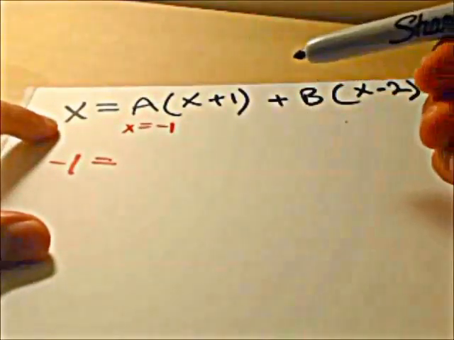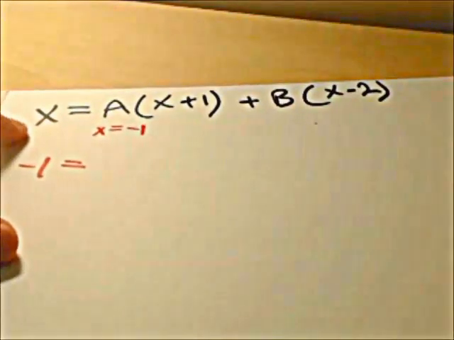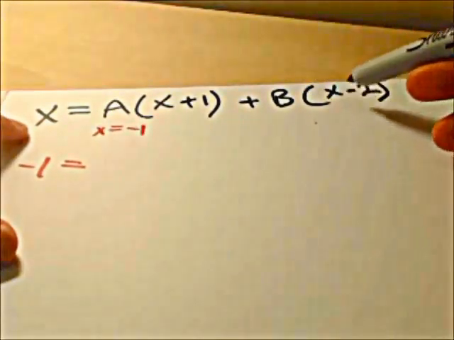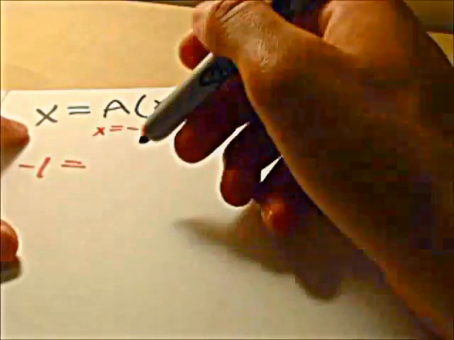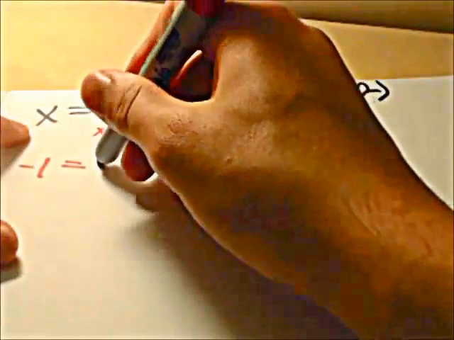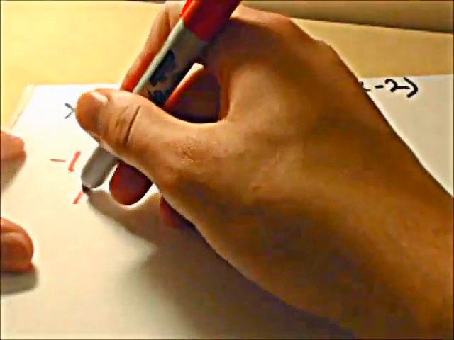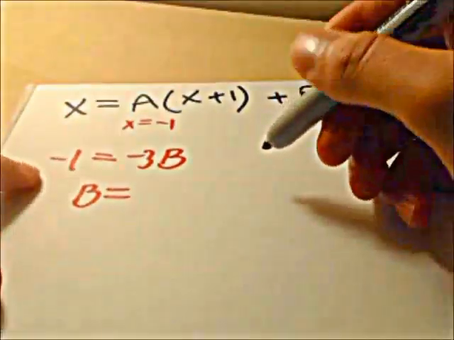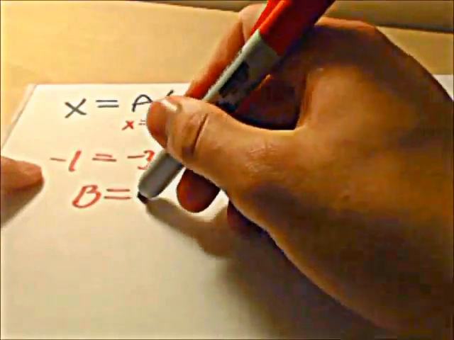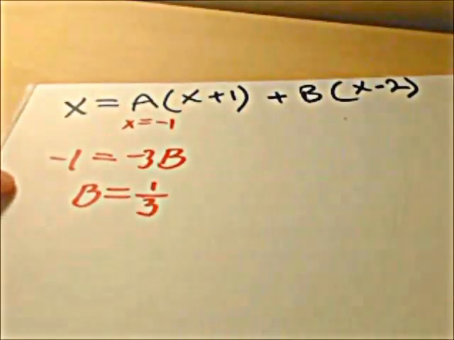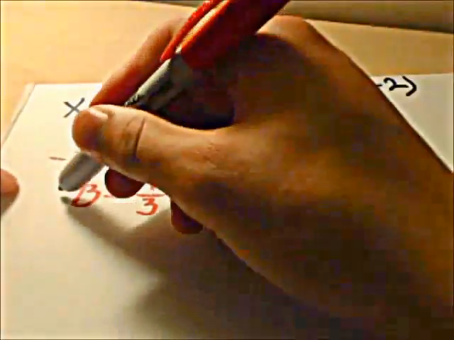So A times 0 is 0. And here we've got B times (minus 1 minus 2), which is minus 3, so minus 3B. So B equals minus 1 over minus 3, which is one third. So that's B.